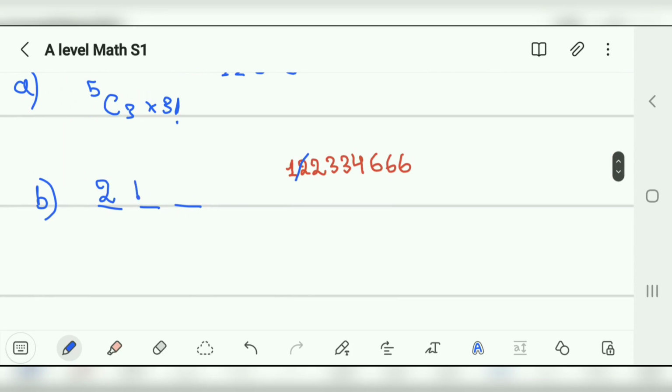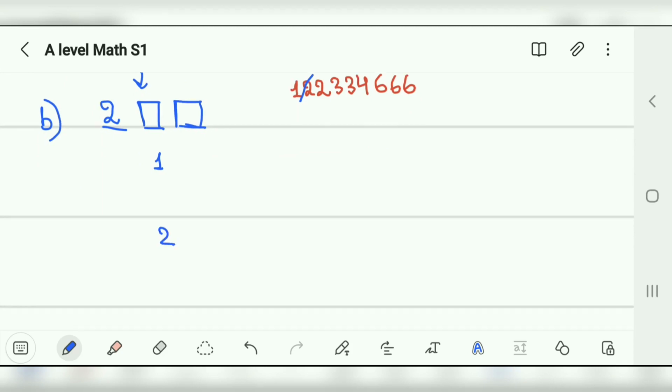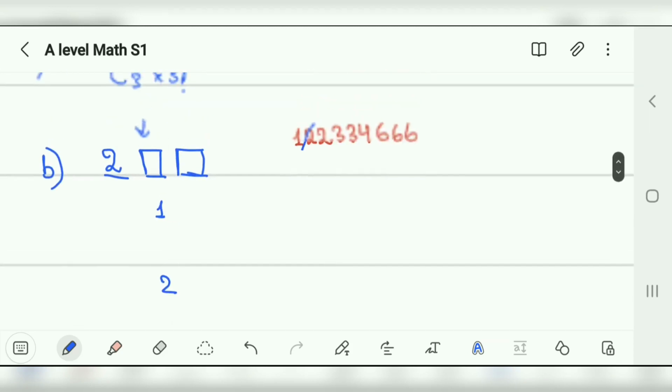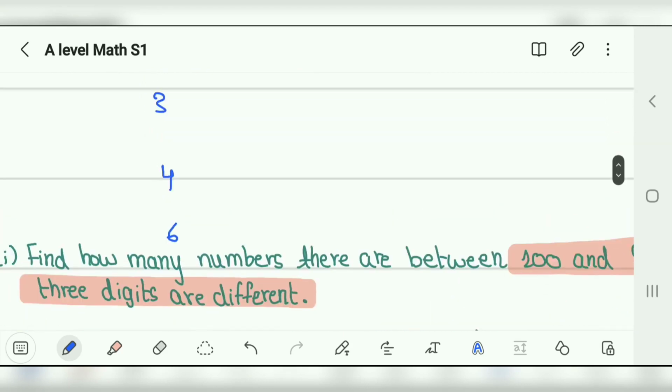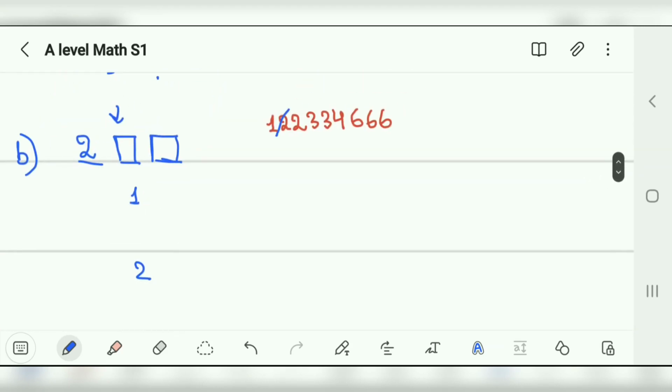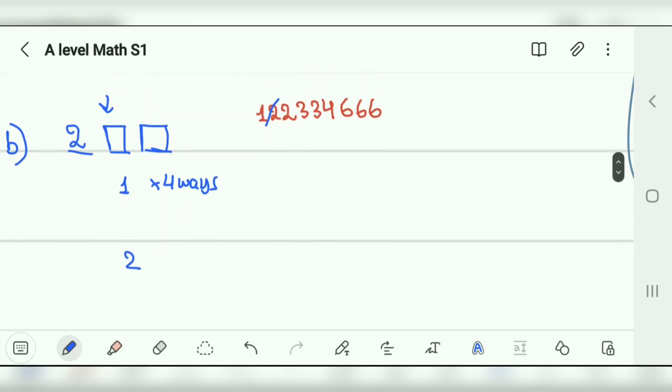And now in the other 2 boxes, in the first box it could be 1 2 3 4 and 6. Then if I take 1, I could get 2 3 4 6, which means 4 ways. After getting 2, I could get 1 3 4 6, also 4 ways.